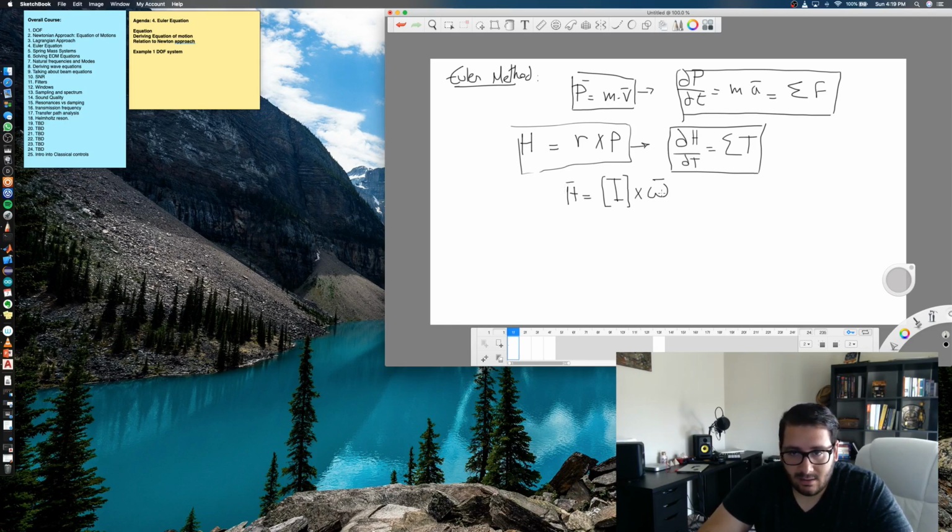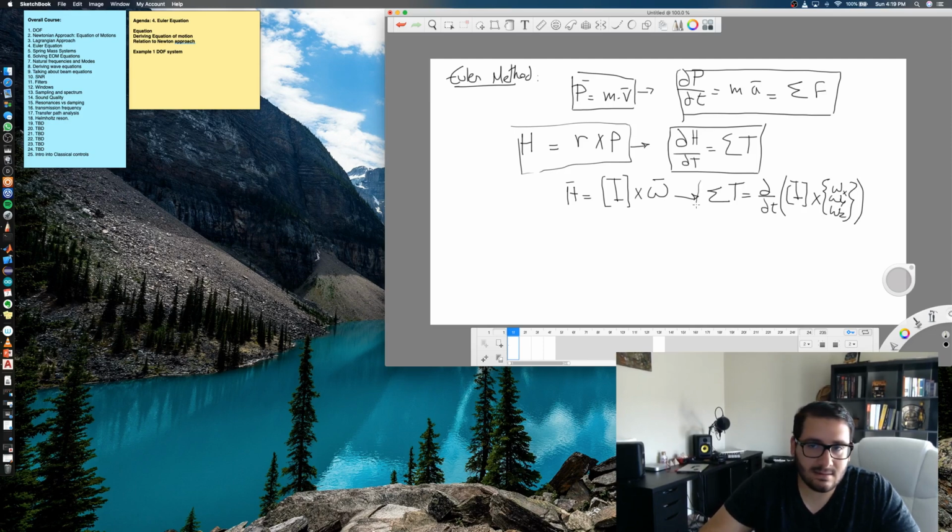From here, we can come up with a different interpretation of this equation: the sum of torques is equal to d over dt of the inertia matrix times omega, where omega has components omega x, omega y, omega z. So that's how to solve this.